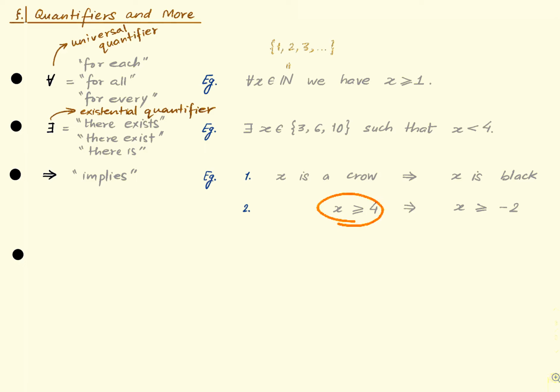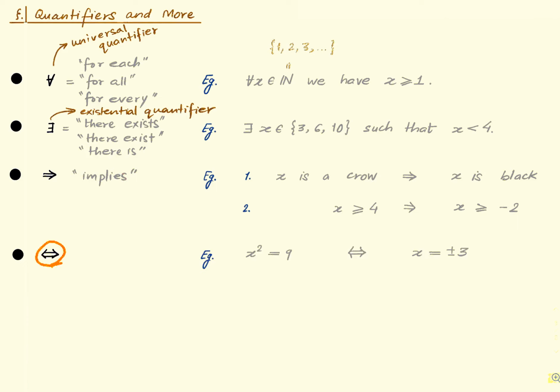A more unobjectionable statement would be x is greater than or equal to 4 implies that x is greater than or equal to minus 2, clearly. So it's just a nice shorthand for this thing. And sometimes someone may replace this by some synonym of implies, and that's okay.